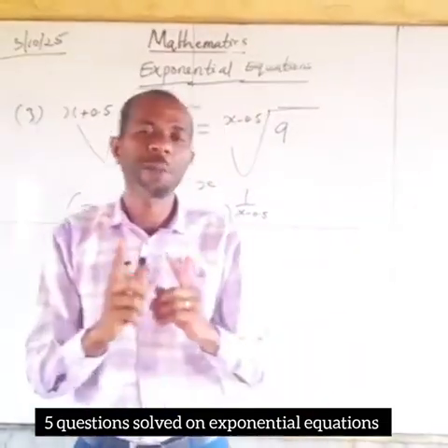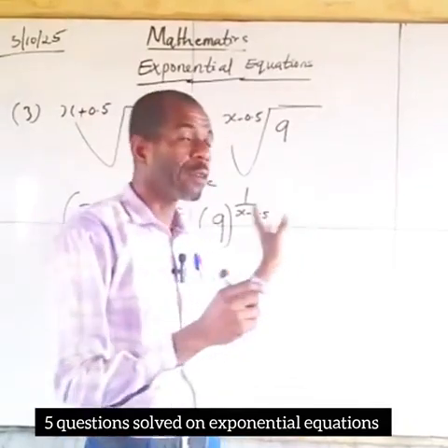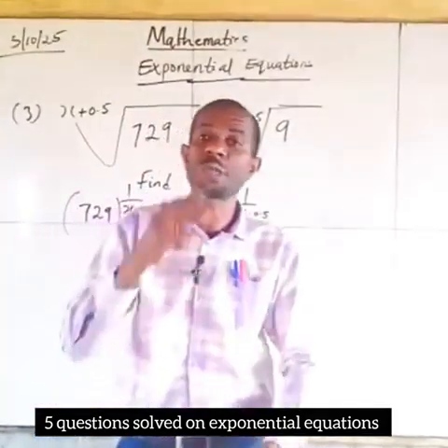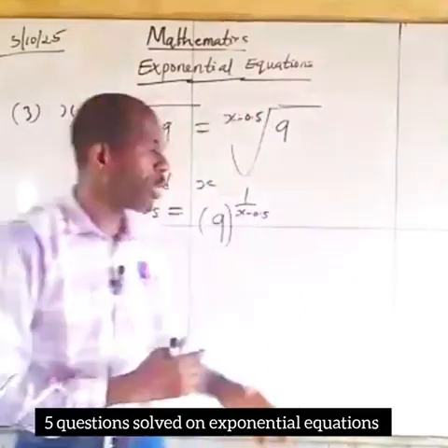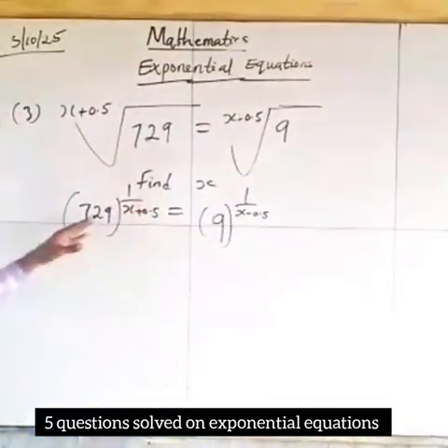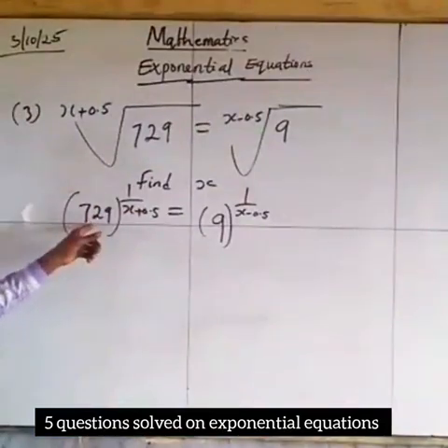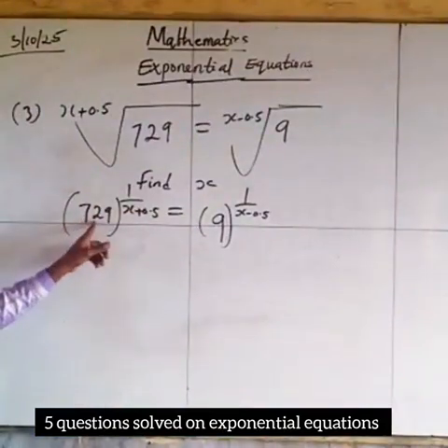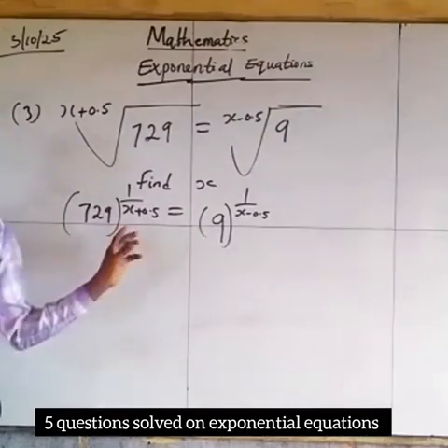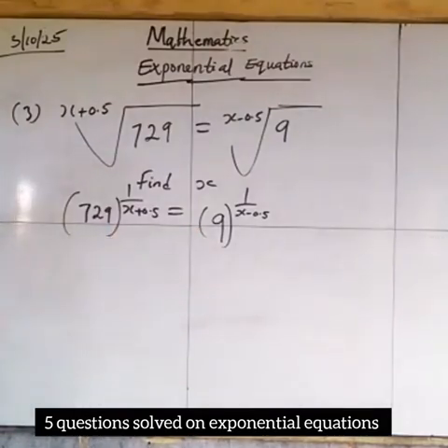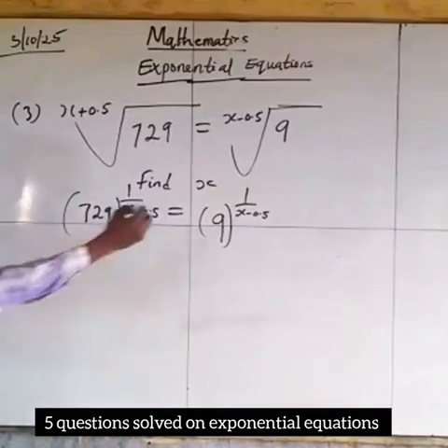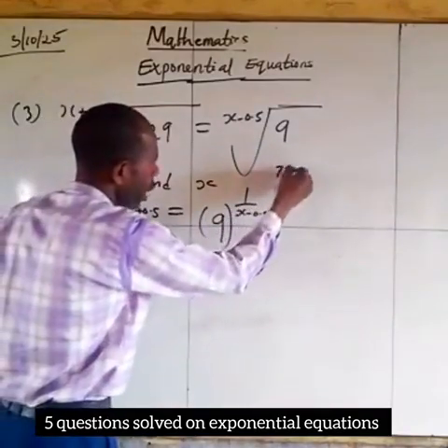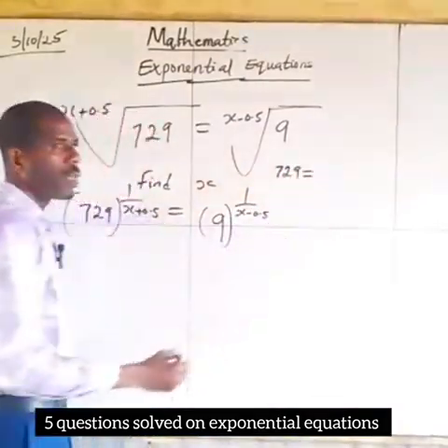So whenever you are working with an exponential equation involving this kind of numbers, you should try to reduce them to the lowest base. If 3 is the only base that we can find inside here, we will break it down. In your 729, we can break it down to the base of 3.